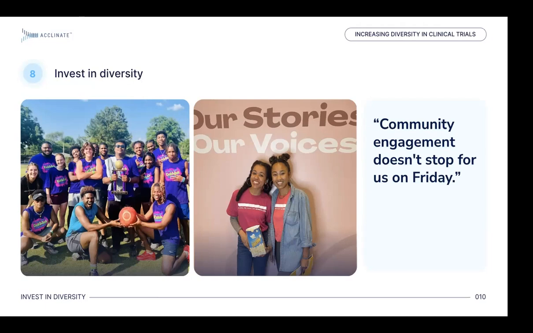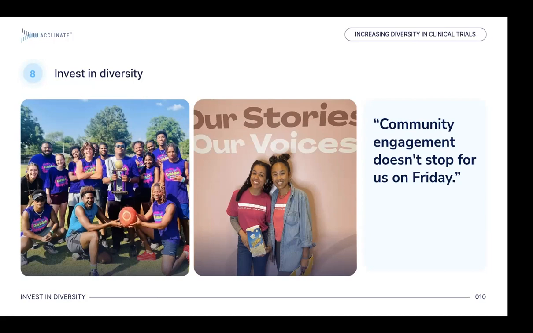There are so many levels of mistrust and bias and other things that play a role that you have to work to overcome in order to prove yourself trustworthy and for people to want to be involved. And so that takes investment over time, and it can take money and resources, and it's not just 9 to 5.